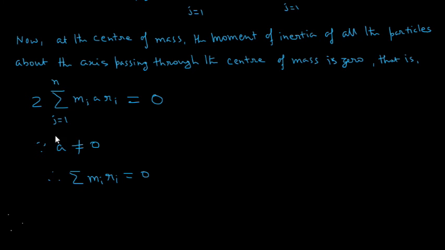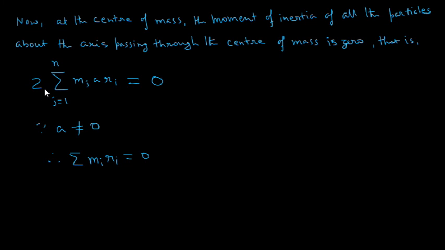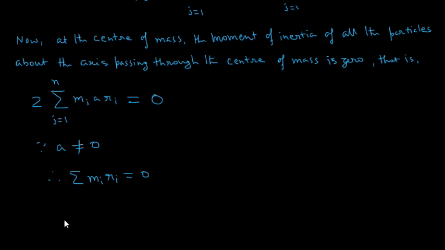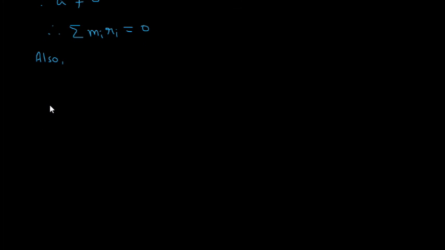Therefore, we can also write sigma i equal to 1 up to n mi is equal to capital M. Capital M is the total mass of the rigid body.